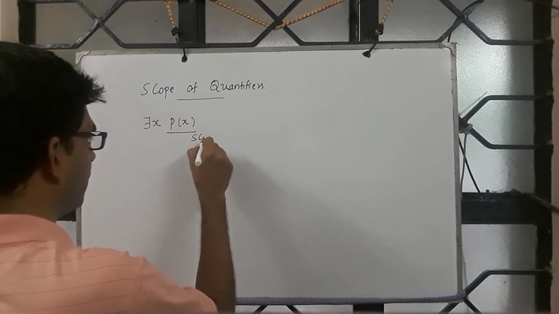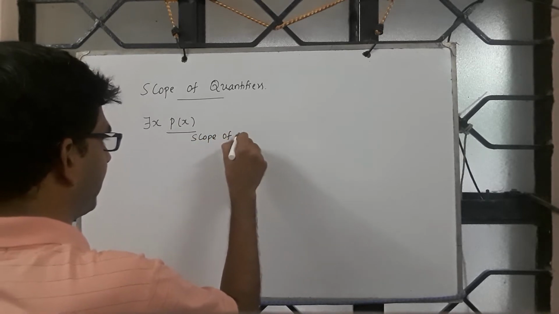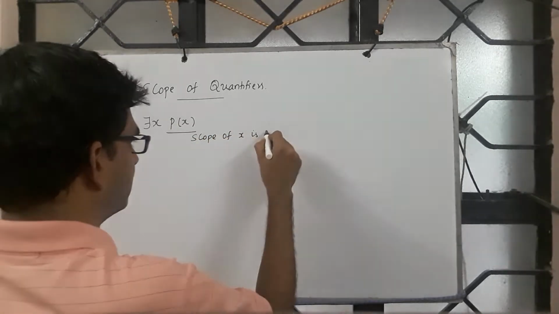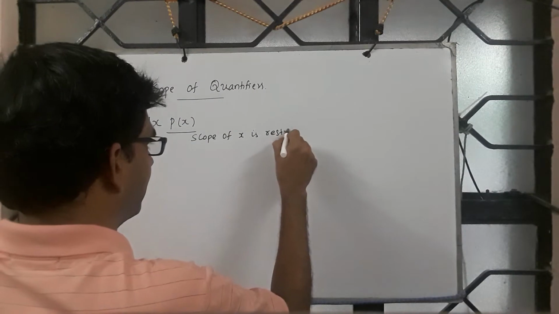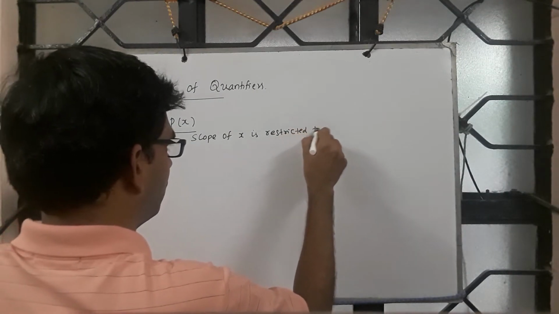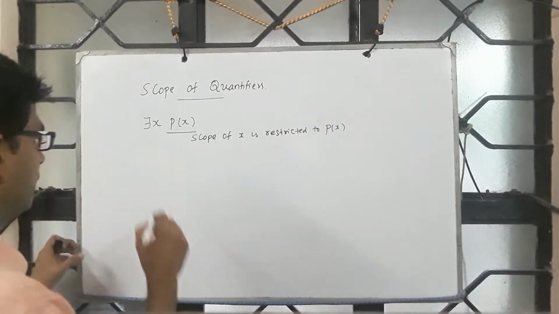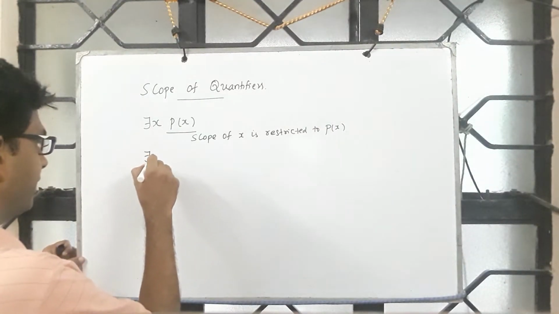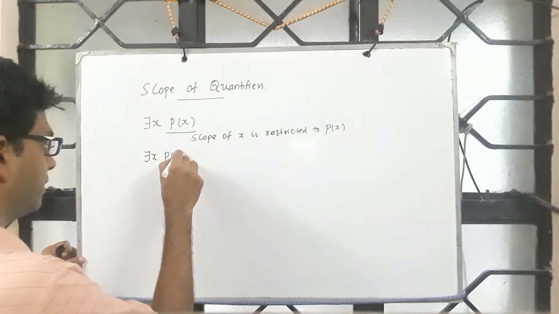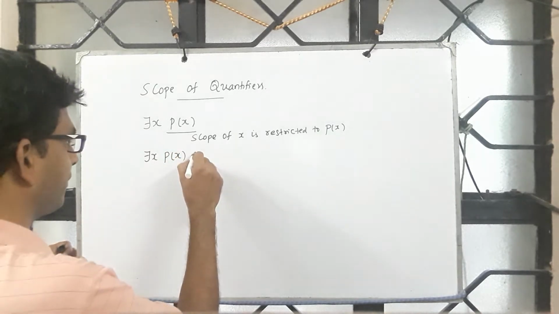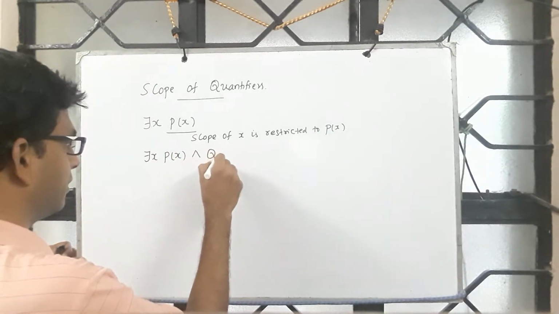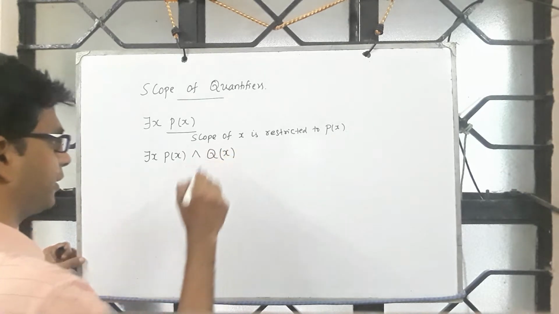So the scope of x is restricted to p of x. Suppose I say there exists x p of x and q of x.